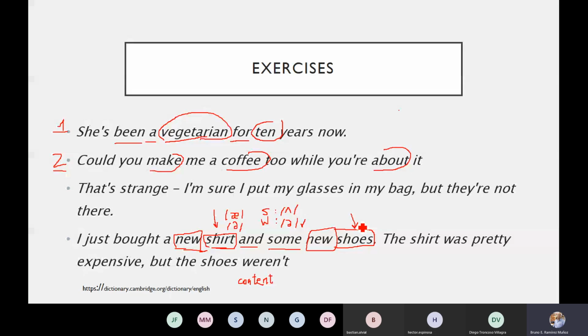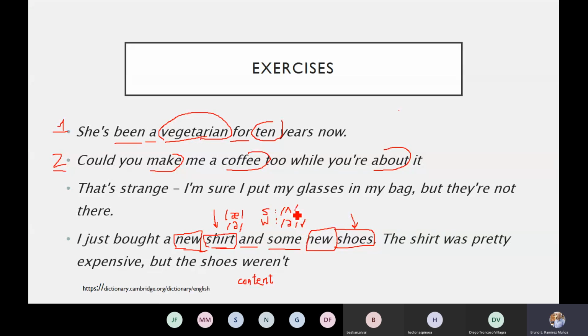My point is, if we pay attention to the function words, in the case of some, we can choose between some with a wedge or some with a schwa. In this case, some with a schwa should be the preferred option.